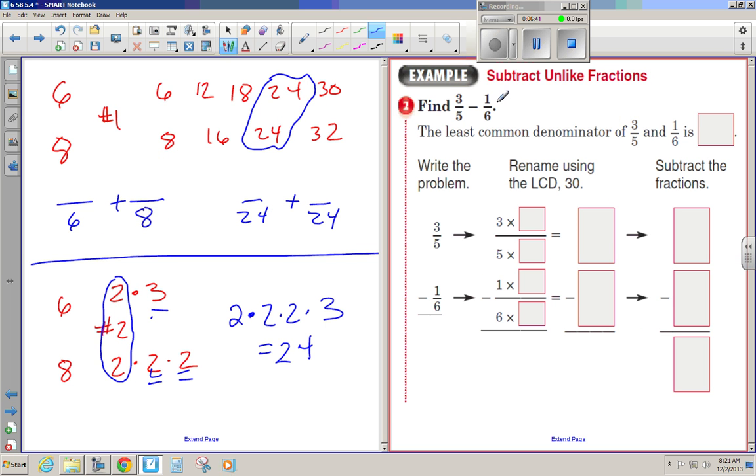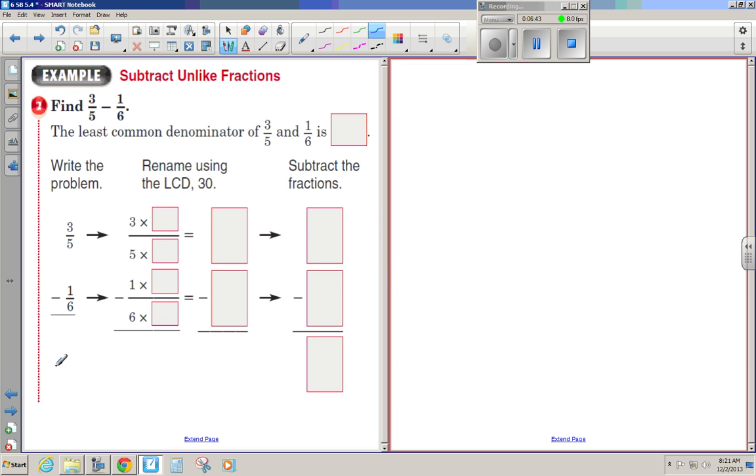So, look in here. 3/5 and 1/6. Well, we look at 5 and 6, and I'm going to use the listing way. This is method number 1: 5, 10, 15, 20, 25, 30, and I ran out of room. 6, 12, 18, 24, 30.